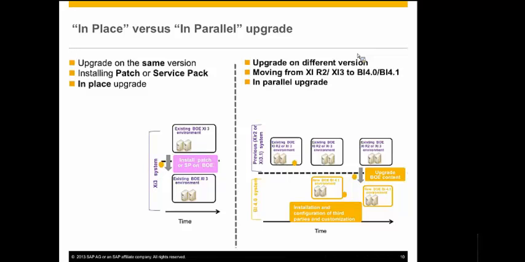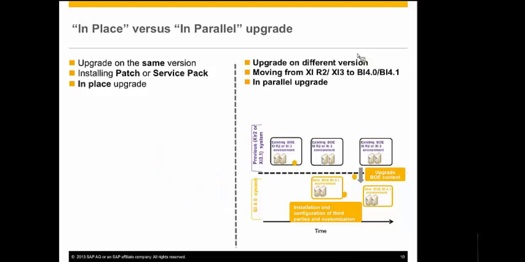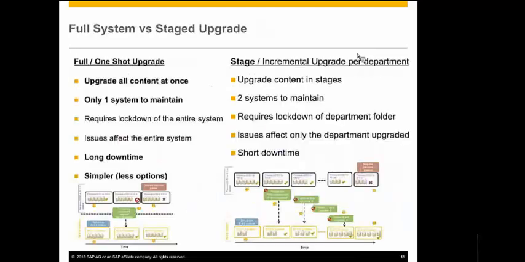So as I said, we have various approaches. Do I do an in-place or an in-parallel upgrade? So an update is on the same version. It's like you install a patch. For instance, you go from XI 3.1 SP1 to XI 3.1 SP7, or you go from BI 4.0 SP4 to BI 4.1 SP4, which we call an in-place, because you basically update your existing environment.